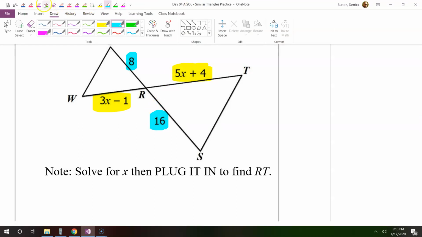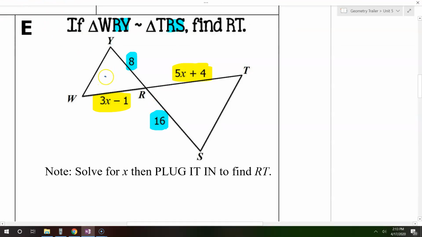So we have matched them up now. I'm going to call this one new, and I'll call this one old. It really doesn't matter which one you pick as new and which one is old, as long as you stick to the format new over old equals new over old.